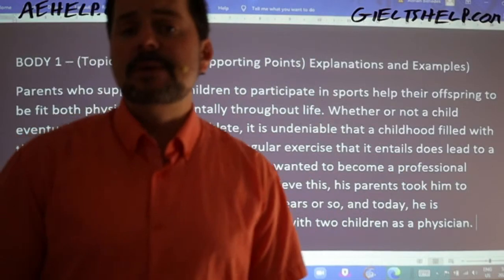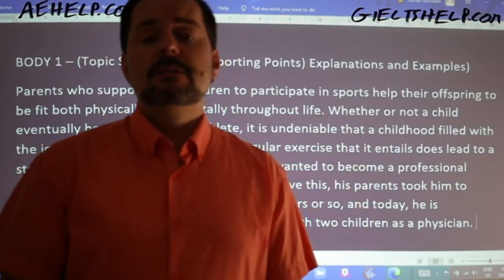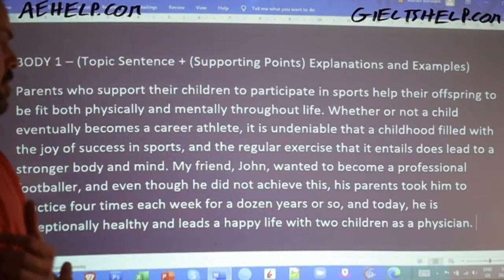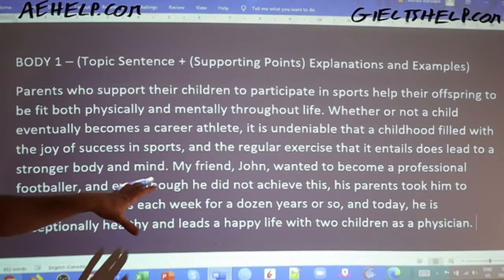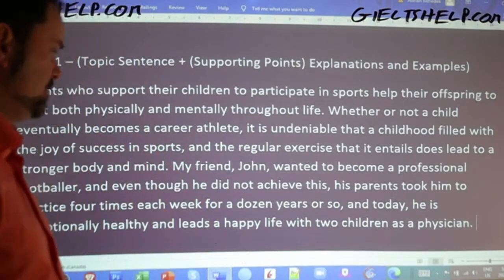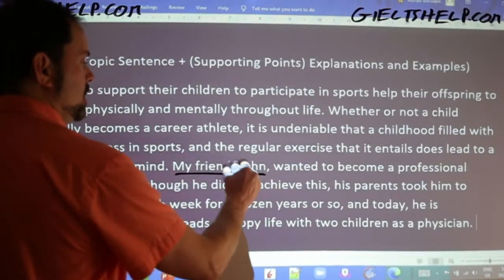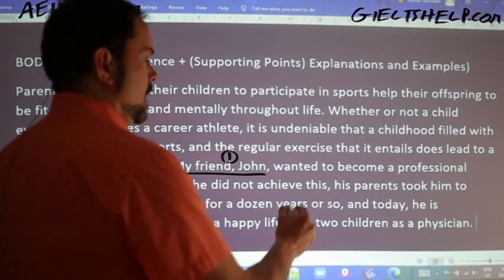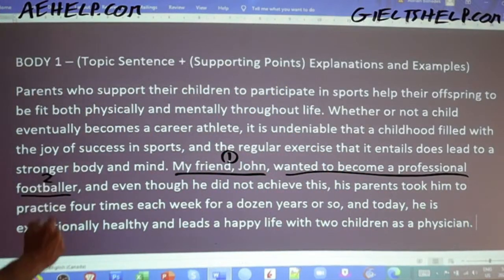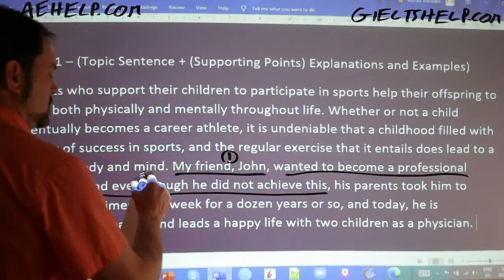And for those high band scores like band 8 and band 9, we're looking for really good flow of information. So with this example, I can actually organize these parts a little bit better. So I have my friend John, let's call that part 1. Wanted to become a professional footballer. Let's call that part 2. And even though he didn't achieve this, let's call that part 3.